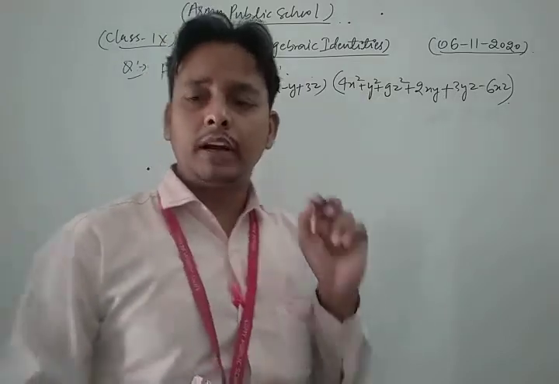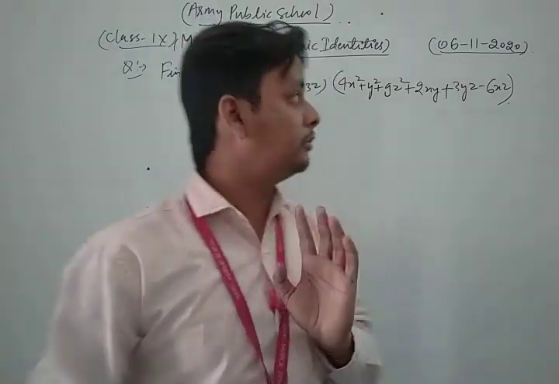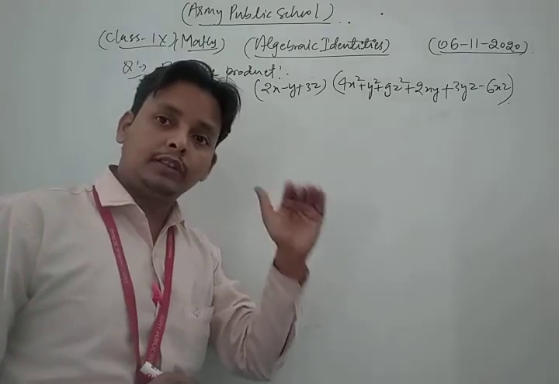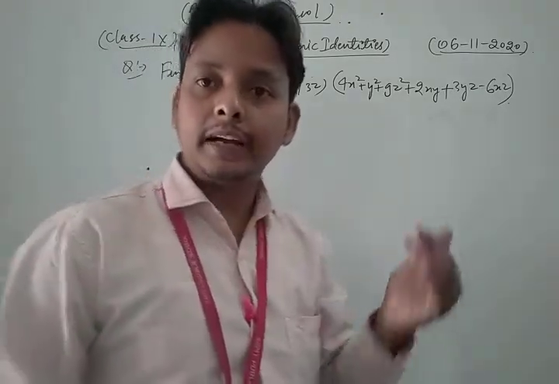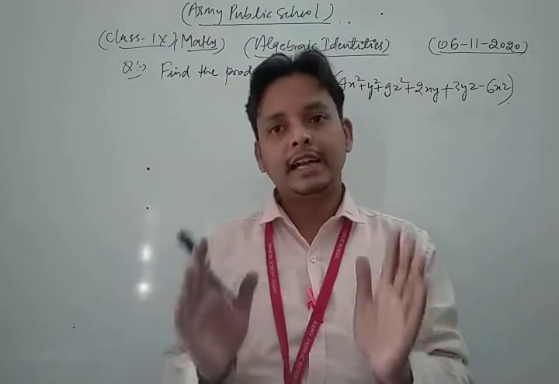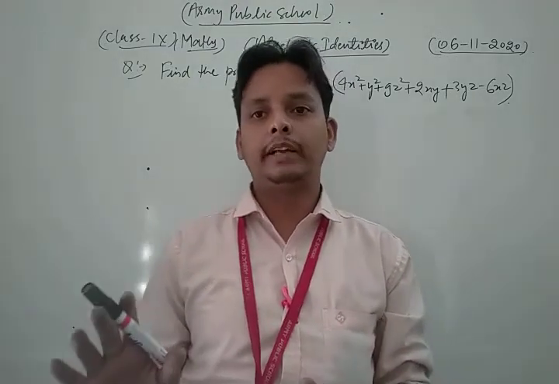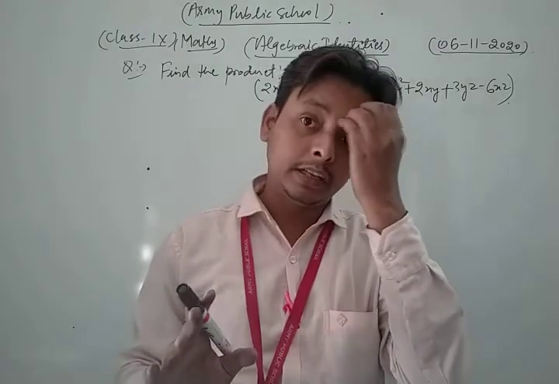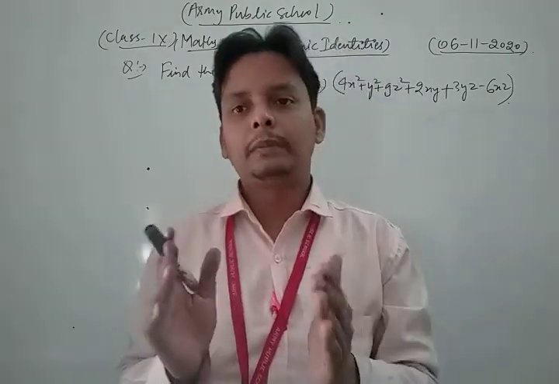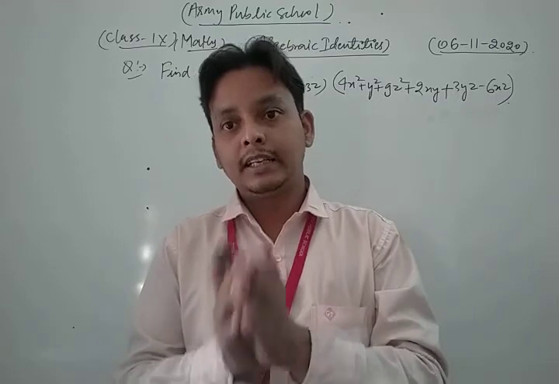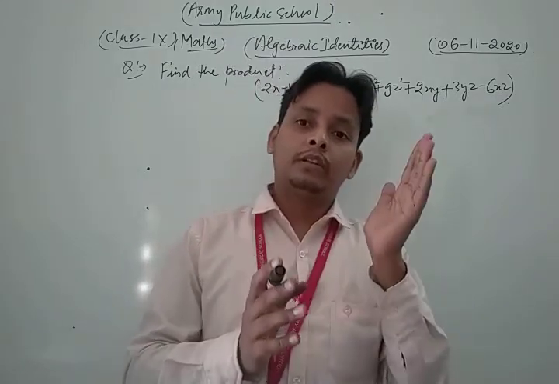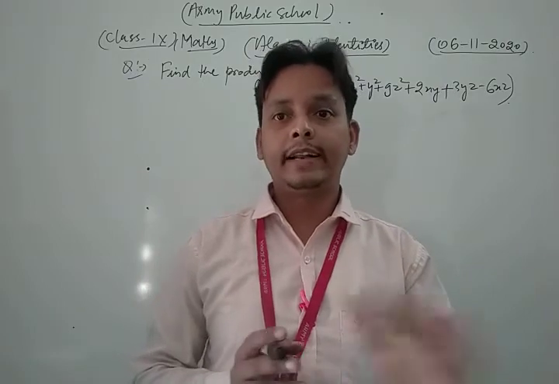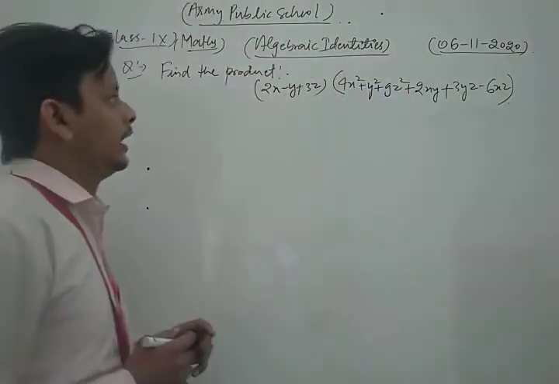In that question, find the product does not mean that we generally multiply. We solve that question by using the algebraic identities. In that type of question you don't multiply directly, you don't find the product directly, but you apply the algebraic identities. Not a direct product. Now let's see.